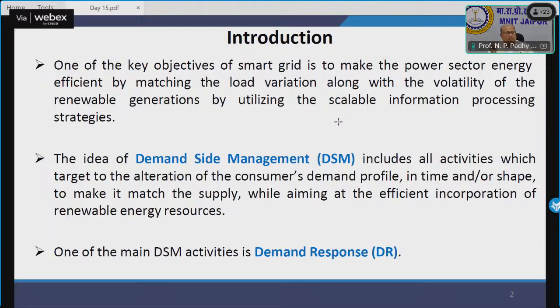The idea of demand side management, DSM, includes all activities which target the alteration of the consumer's demand profile in time and or shape to make it match the supply, while aiming at the efficient incorporation of renewable energy sources. Now, one of the main DSM activities is demand response. So DSM has many approaches, and demand response is one of them, where it motivates the consumers to be part of the load shifting program.